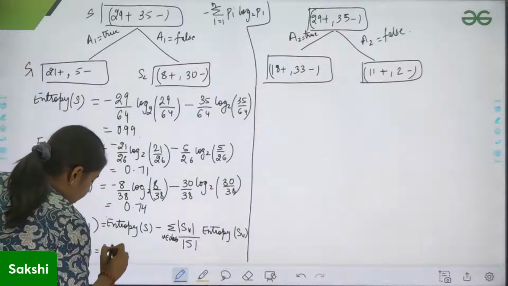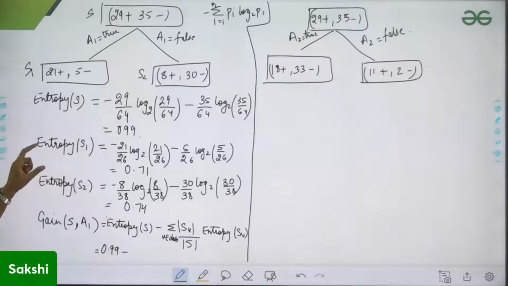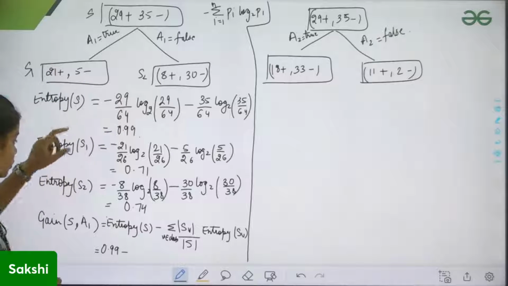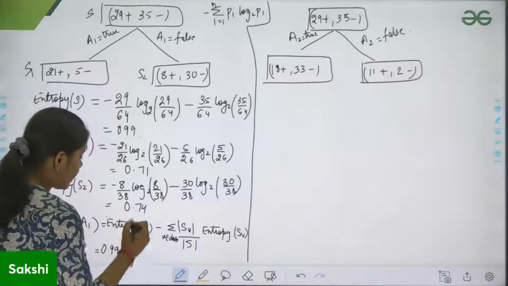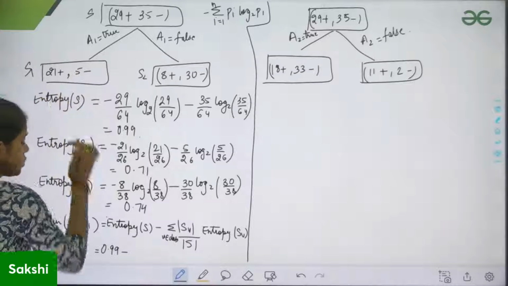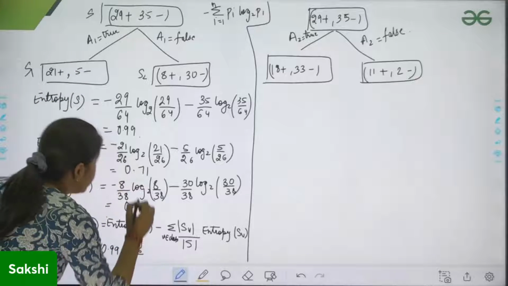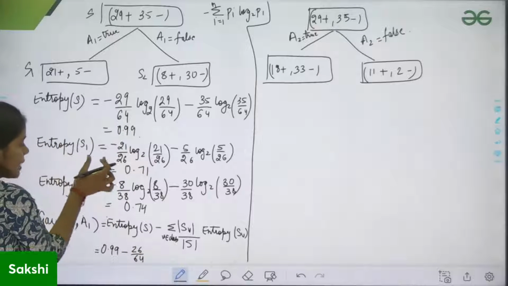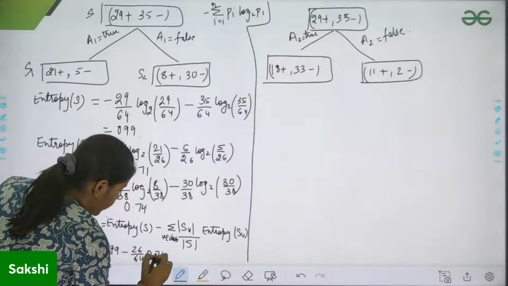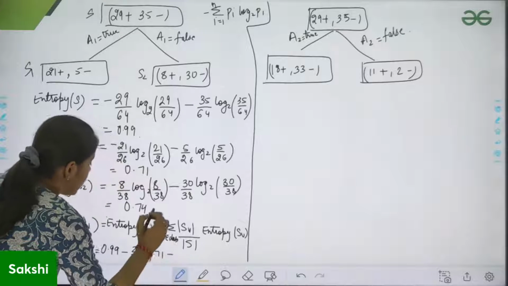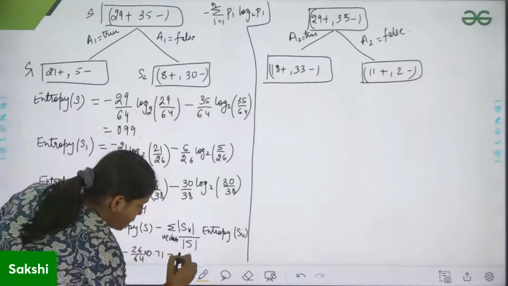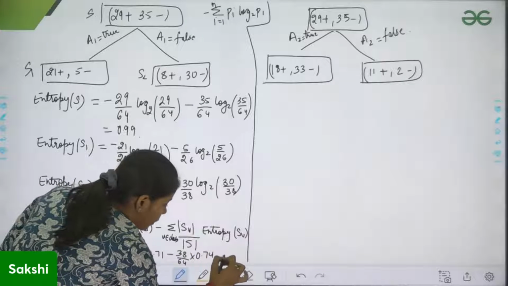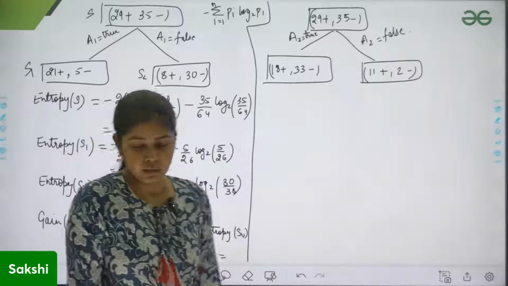Entropy of S is 0.99, and because I have divided it into two partitions, it would become 0.99 minus 26 by 64, since we have 26 values out of 64 in total, times the entropy of S1, which is 0.71, minus 38 examples upon 64 times the entropy 0.74, right? So this is the information gain.